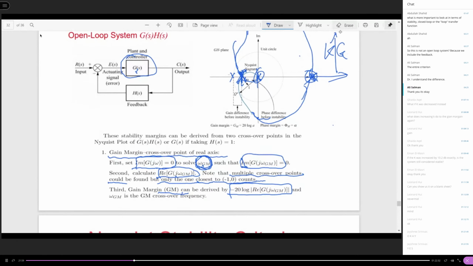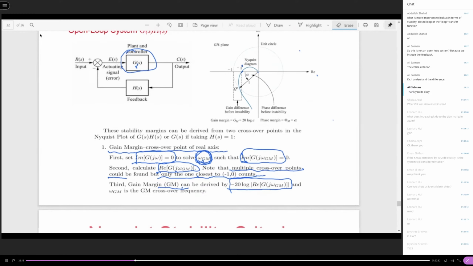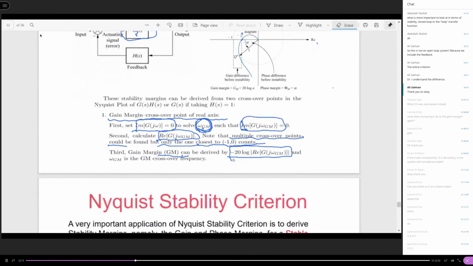Why is it -20 log of the absolute value of the real part of G of j omega gm?